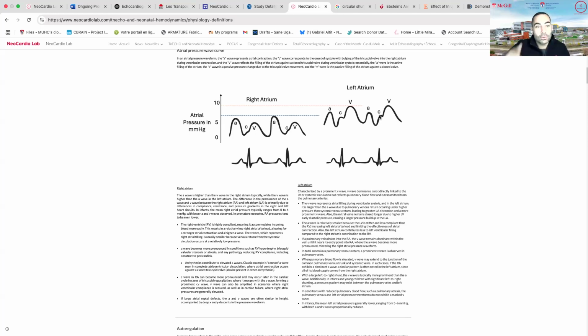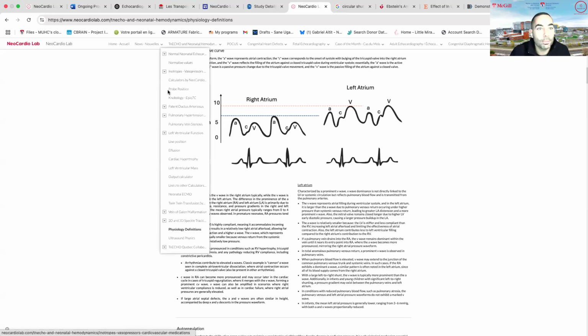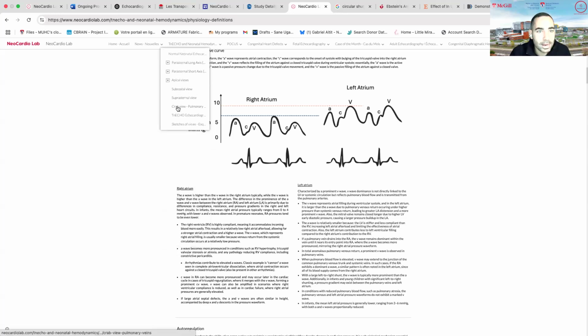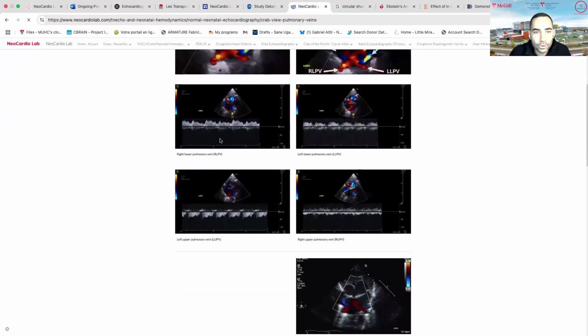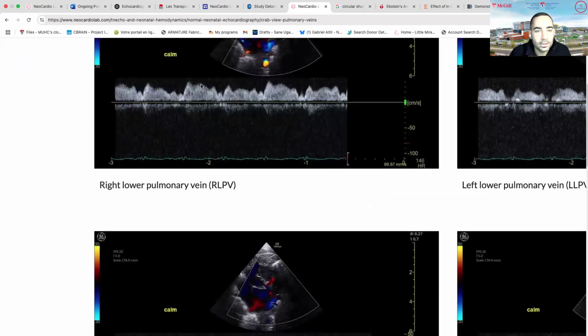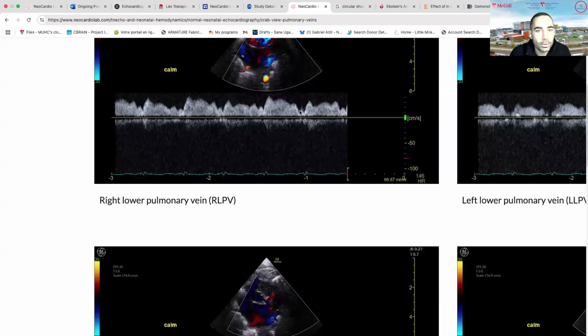But throughout this entire time, if you look at the pulmonary velocities, this is a normal echo, crab view. If you look at how these look, you get a sense of the flow coming back from the pulmonary veins into your atrium. It's continuous. You always get flow coming back through a vein.